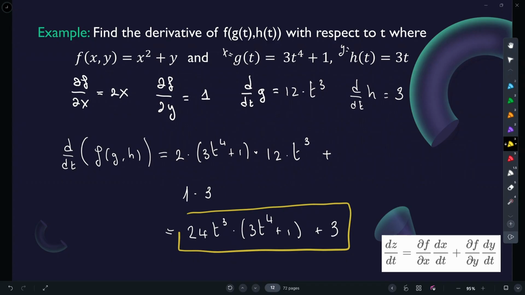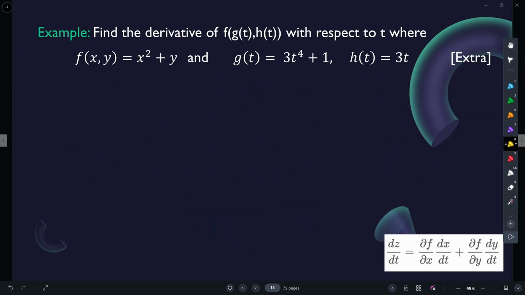But we have another way of doing this using the single variable chain rule. So let's see that it actually works and that I get the same answer. Using the single variable chain rule, in other cases we're not going to be able to use this, but in this case I can actually just do it the old way, because how much is f of g comma h?